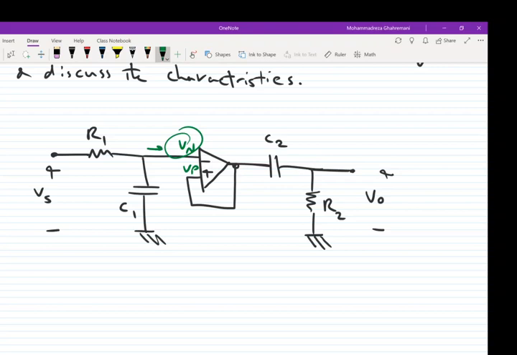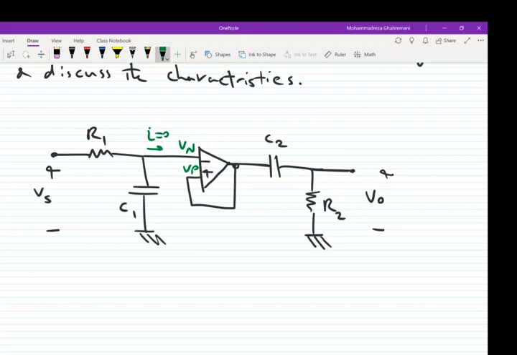Because, as we know, the current here is 0 and the voltage across the capacitor is Vn. So how can we determine the voltage across this capacitor? Using a voltage division. Okay, that's simple.